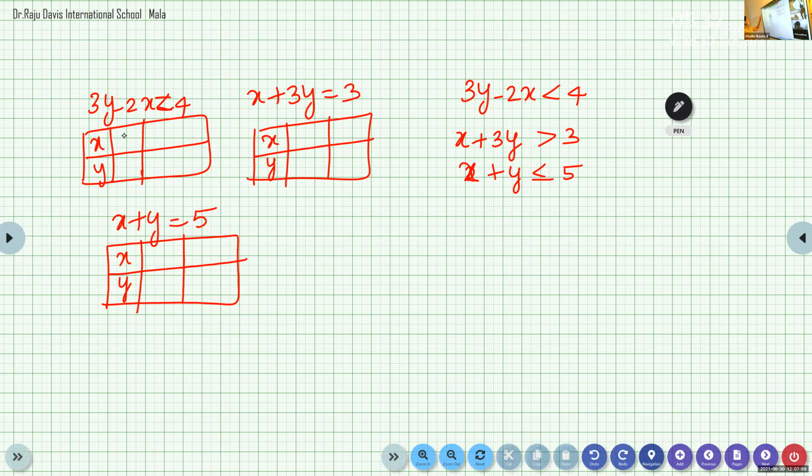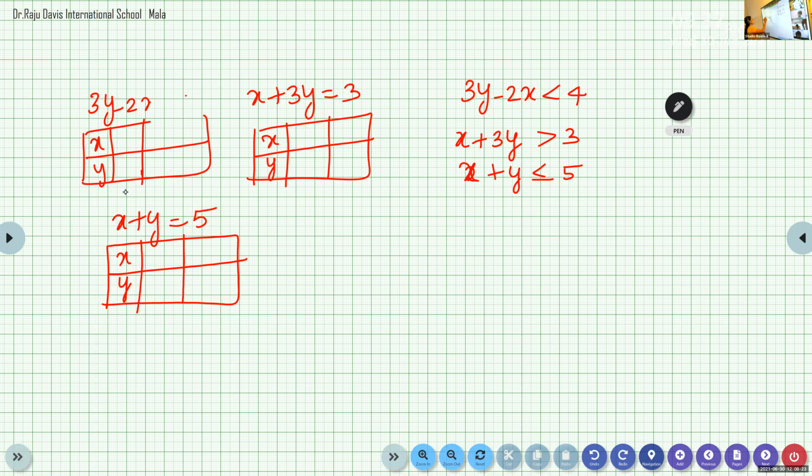When x is 0, what is the value of y? y will be 4 by 3, isn't it? What is the value of 4 by 3 in approximate decimal? 1.3. Yes, round it off. 1.3 is enough.